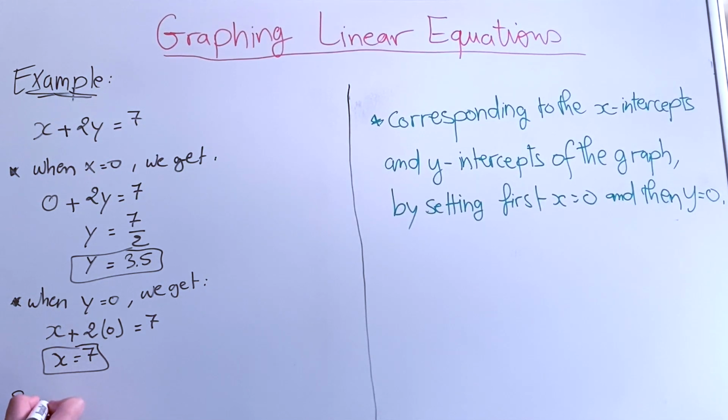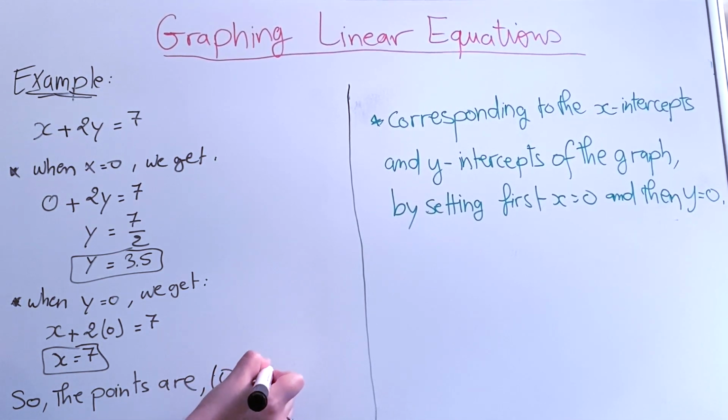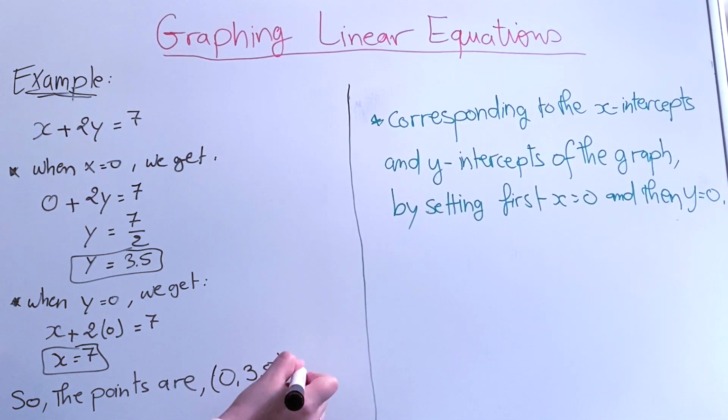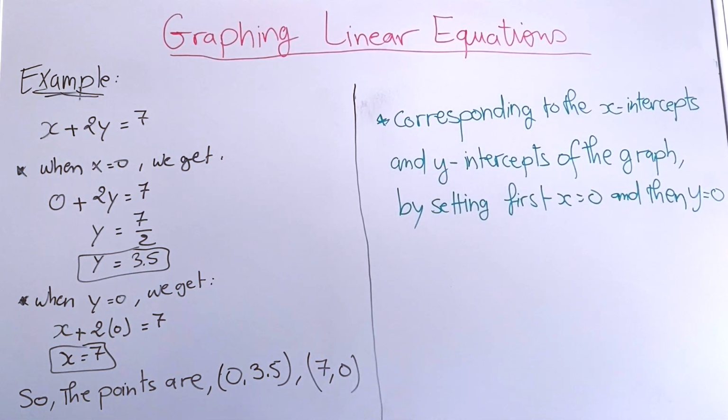So the 2 points are (0, 3.5) and (7, 0). Now let's draw the linear equation.